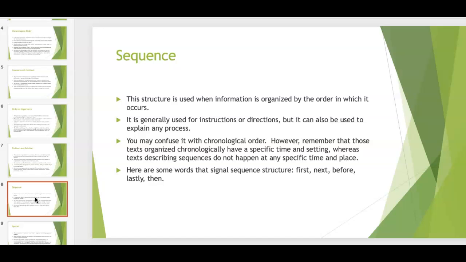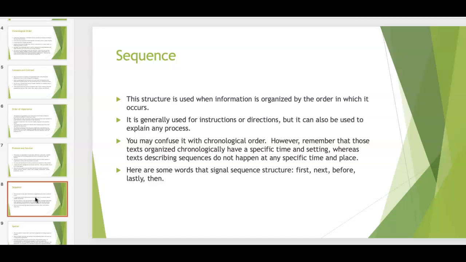Those are directions. And instructions, like how to dance: you've got to put this foot forward, then this foot. These are sequences, what you do first, second, third. How to make a peanut butter and jelly sandwich: get the bread out, do this, put the jelly on.